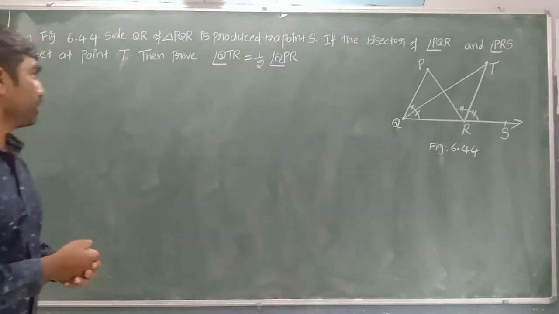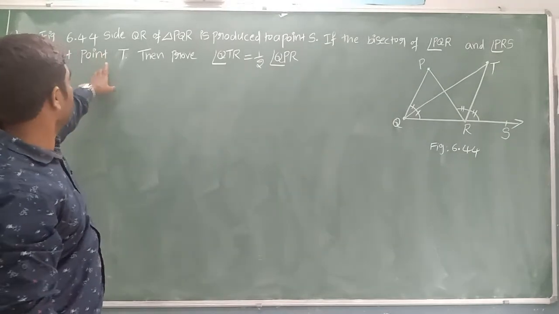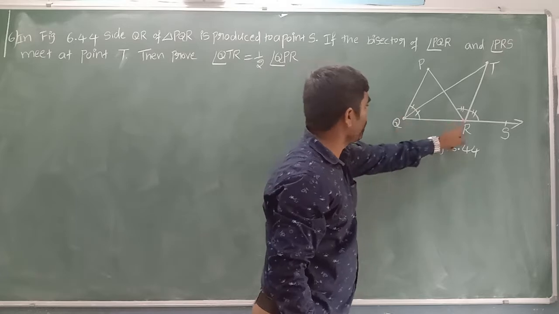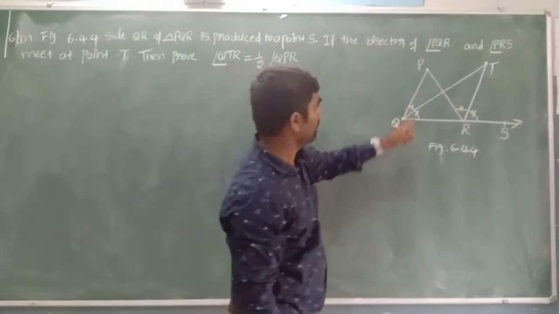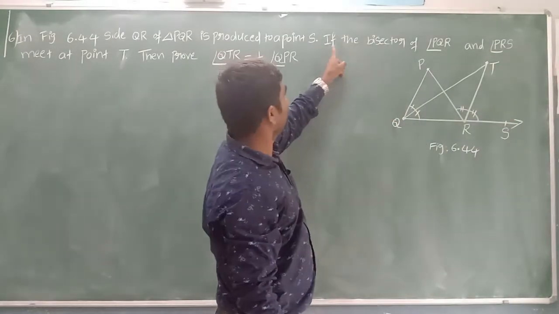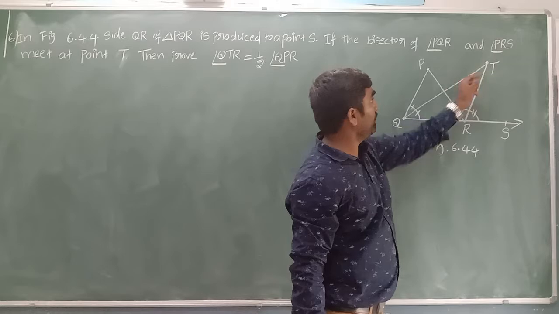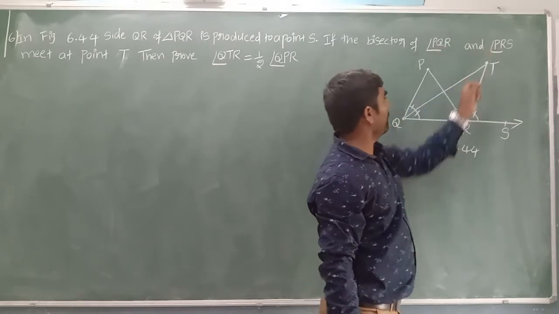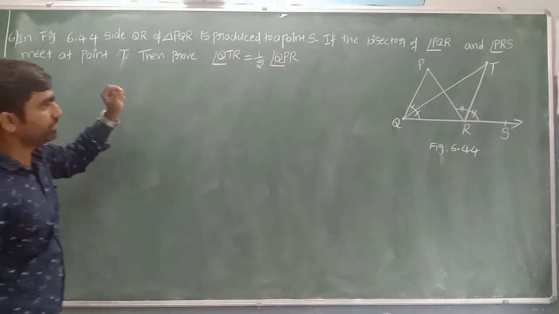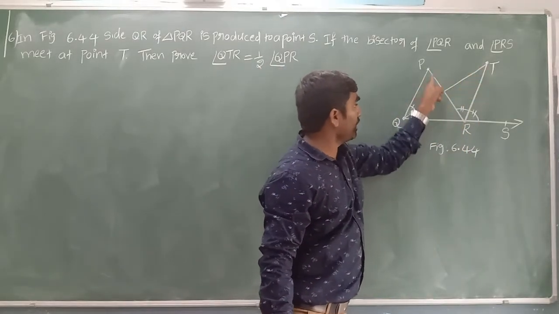Children, we will continue now with the sixth problem. In figure 6.44, side QR of triangle PQR is produced to point S. It seems the bisector of angle PQR, this QT, and the bisector of angle PRS, RT, meet at point T. Yes, QT is the bisector of angle PQR, RT is the bisector of angle PRS.